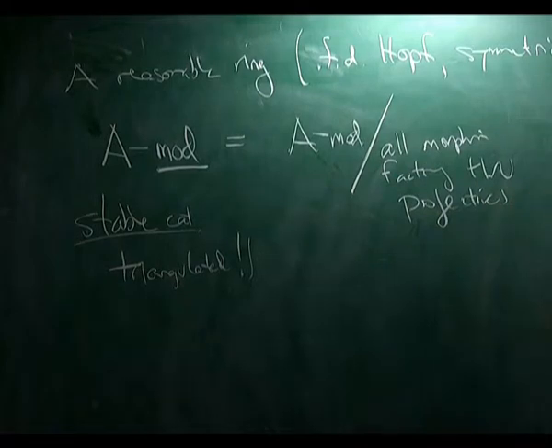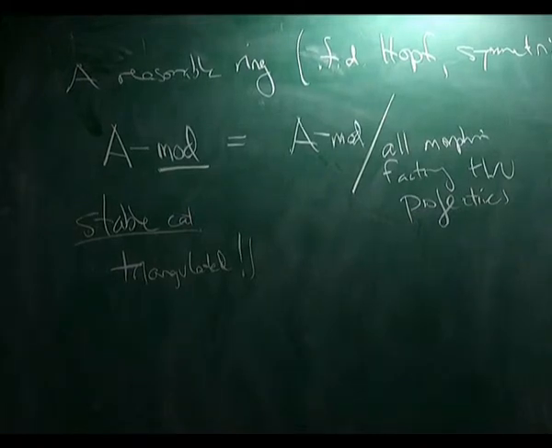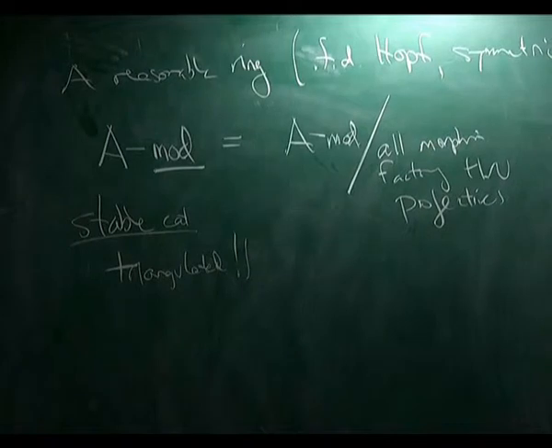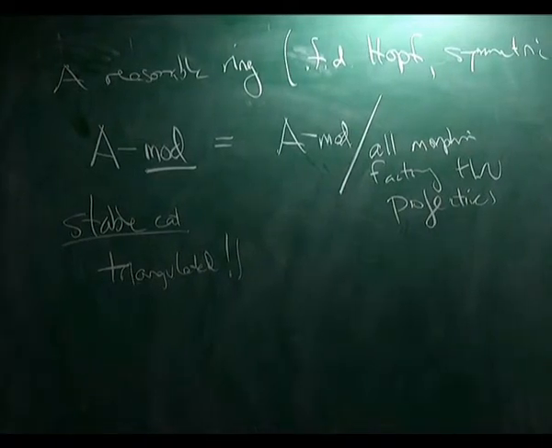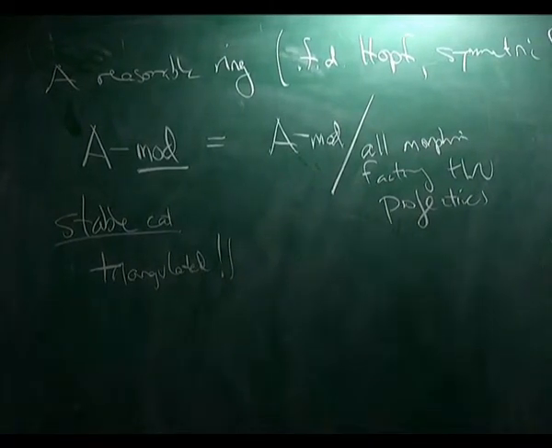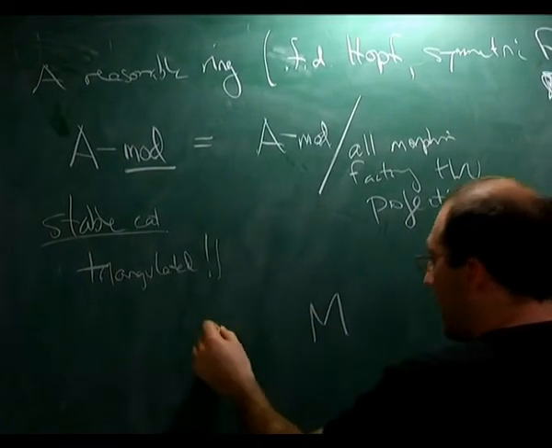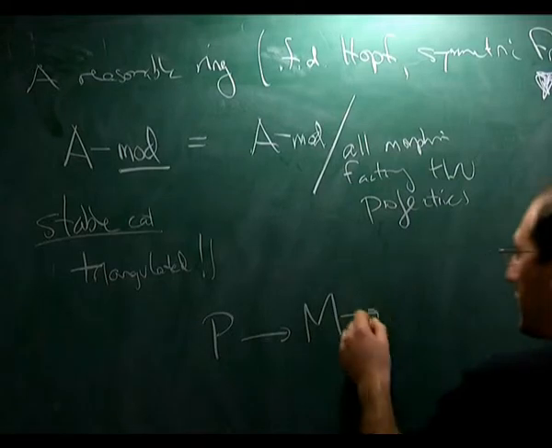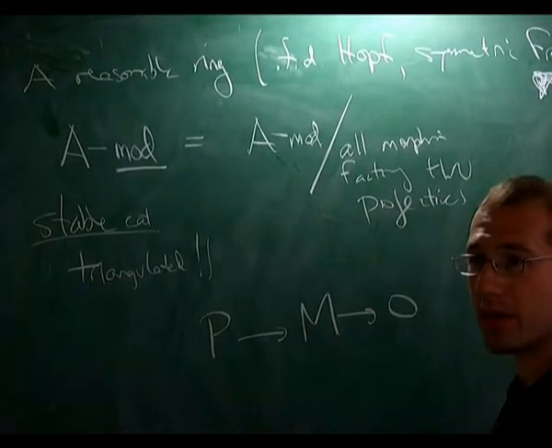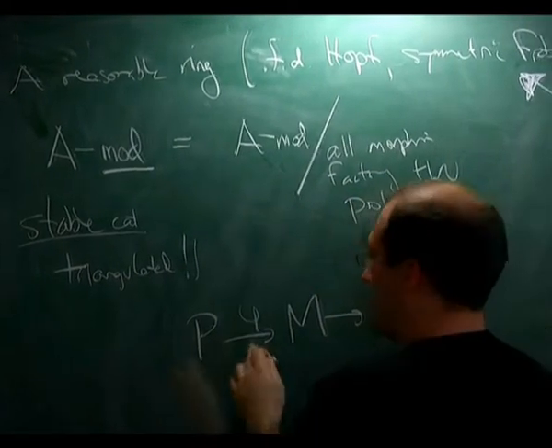So what does it mean for a category to be triangulated? It means, among other things, that you have some notion of a shift functor. And then you've got this idea of what used to be an exact sequence, which is now called an exact triangle. But I'm going to tell you what the shift functor is. Given an A module M, there is a projective cover P, with some map phi.